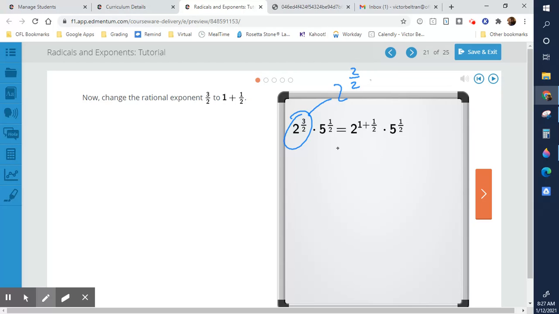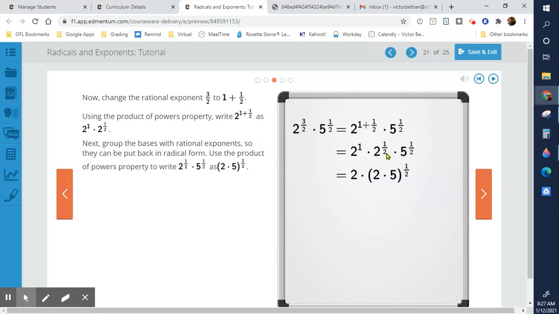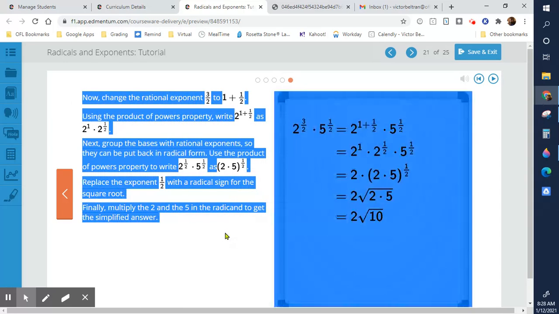Well, this 2 over 2 becomes a 1. So that means it's going to go outside this square root, as we'll see right now. Since these have the same power, and it's a fraction, they end up going on the inside, and then we can just simplify by multiplying, and it becomes a 10. If you guys need more time, you can always read this, but essentially what they're doing is just breaking it up nice and slow.